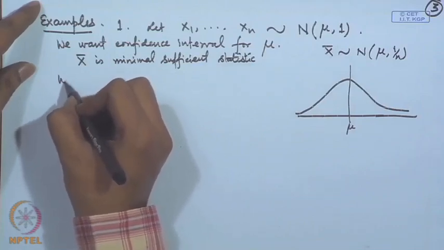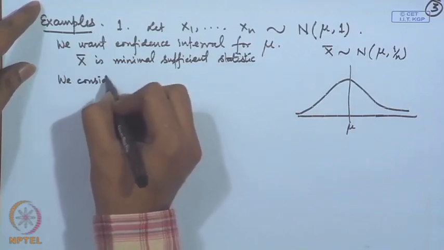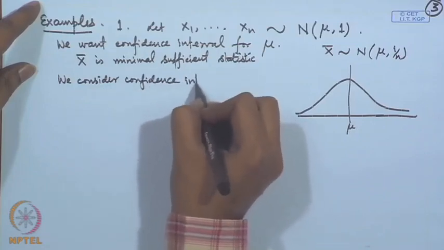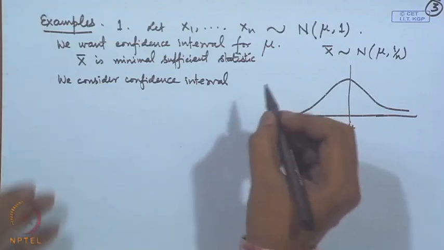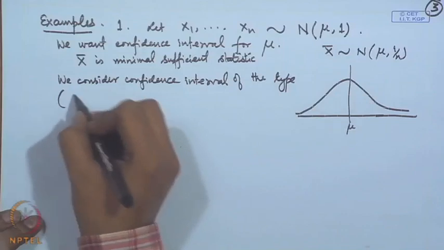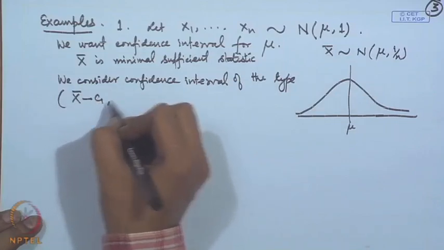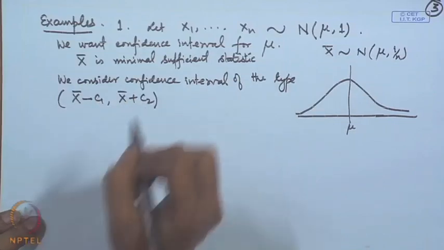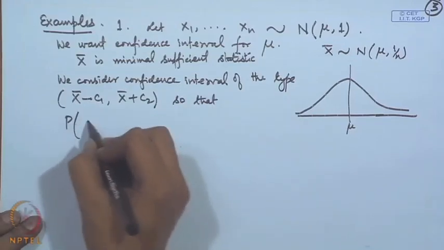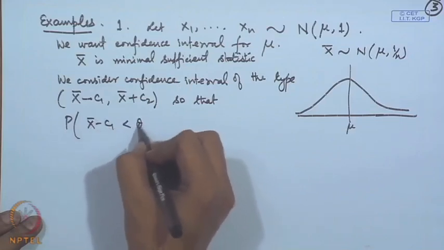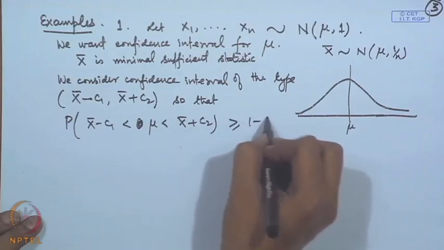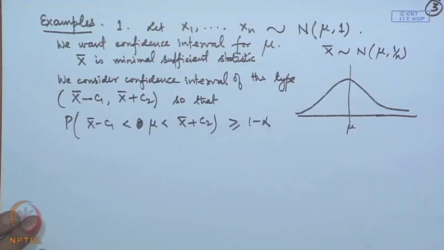So, we consider a confidence interval of the type x bar minus some C 1 to x bar plus some C 2, and the probability of this interval including mu should be at least 1 minus alpha.